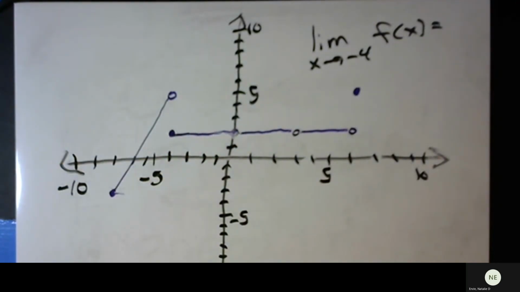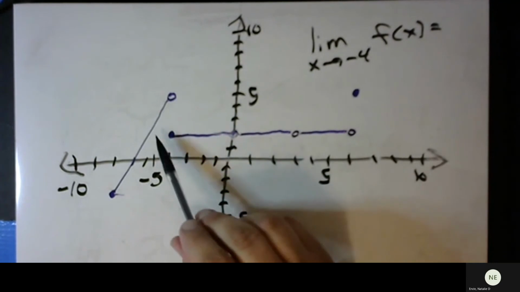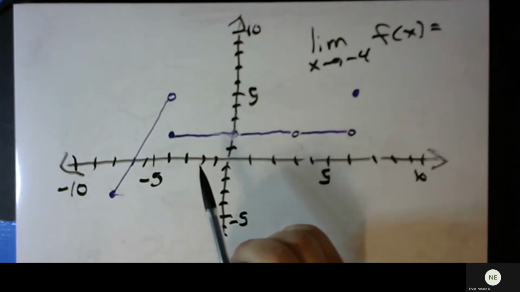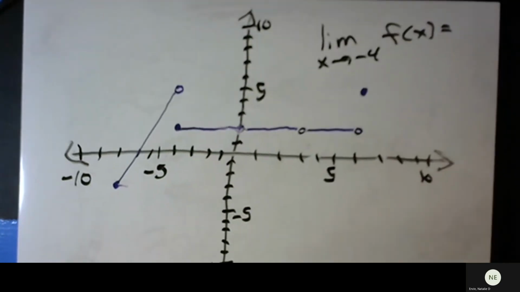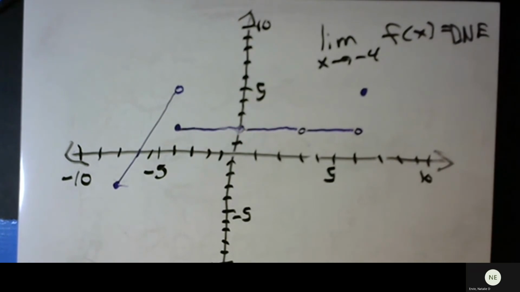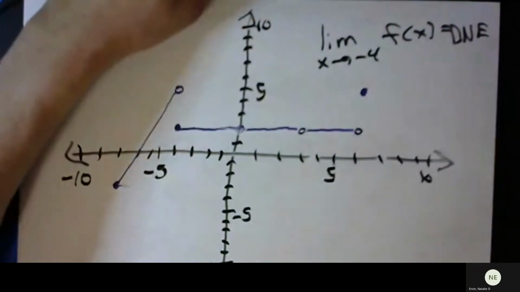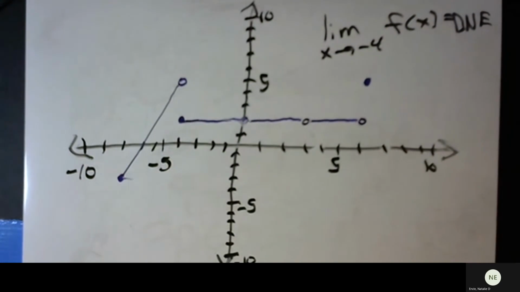And because that matters, there isn't a general limit. To answer any questions about limits for f of x, we have to specify a right side or a left side. There's no general limit here. So this limit does not exist. That one's not going to work.